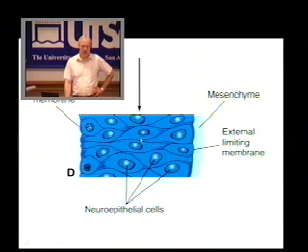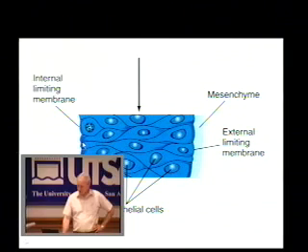All of these cells, somewhere along the way, this looks like it's not attached, but maybe in the section back closer to me, this portion of this neuroepithelial cell will still attach to the internal limiting membrane. So all these cells have a cytoplasmic attachment to the internal limiting membrane.